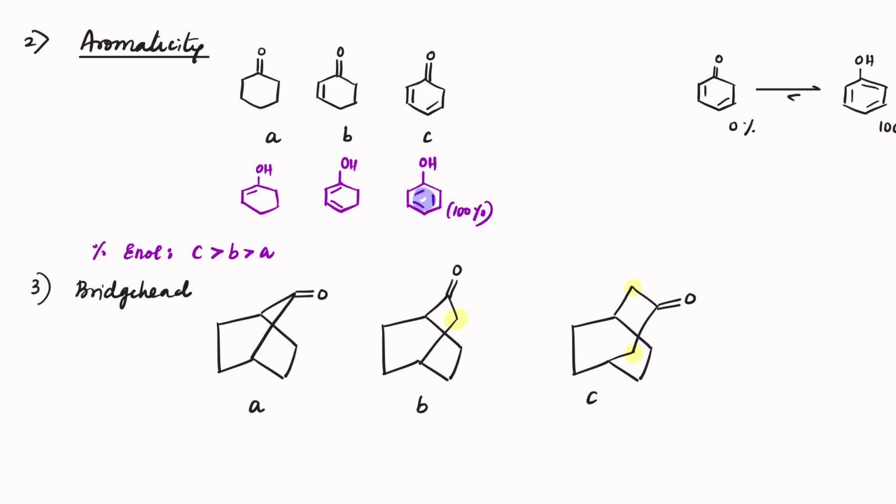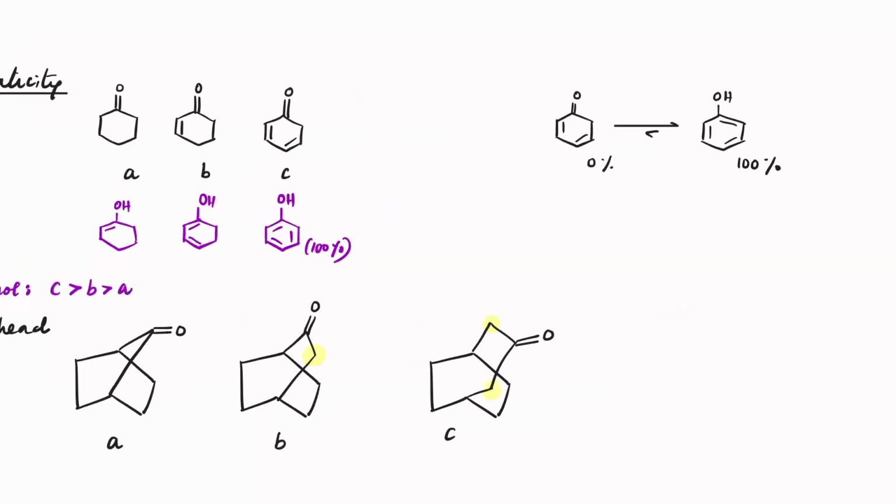Aromaticity will always give you huge amount of stability. So this one is almost 0%. This one is almost 100%.